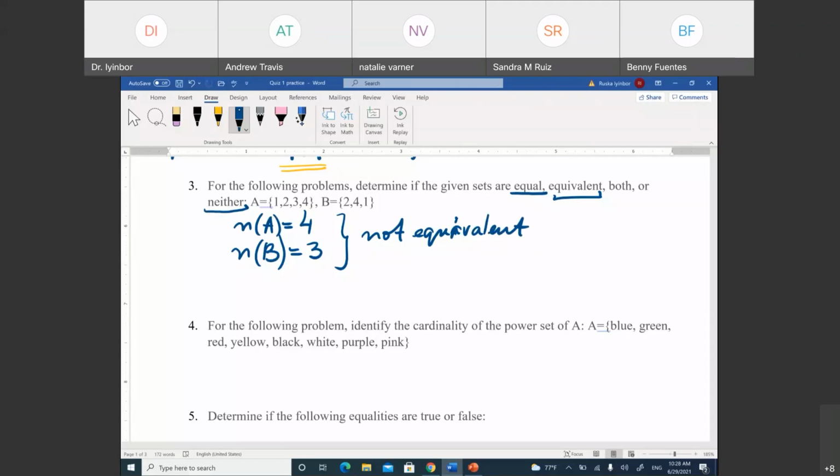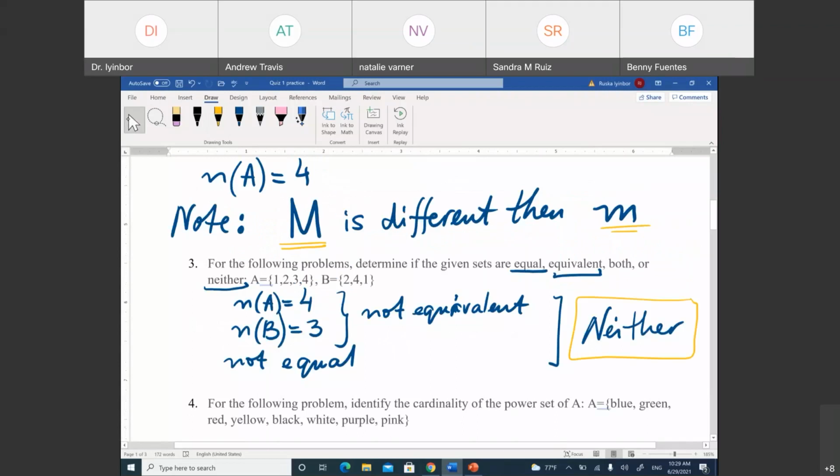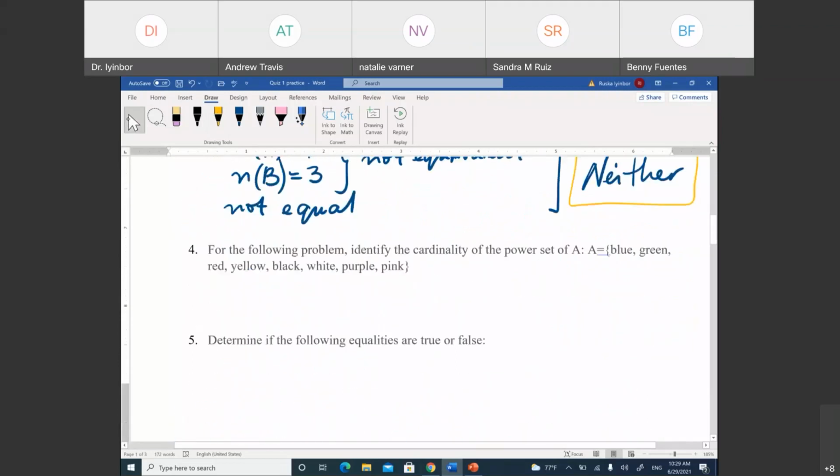So if they're not equivalent and they're not equal, what is it? Neither. So that's your answer. The answer is neither. Everybody understand that? Actually, all of this is the answer, so I'm going to leave it for now. Okay, any questions?